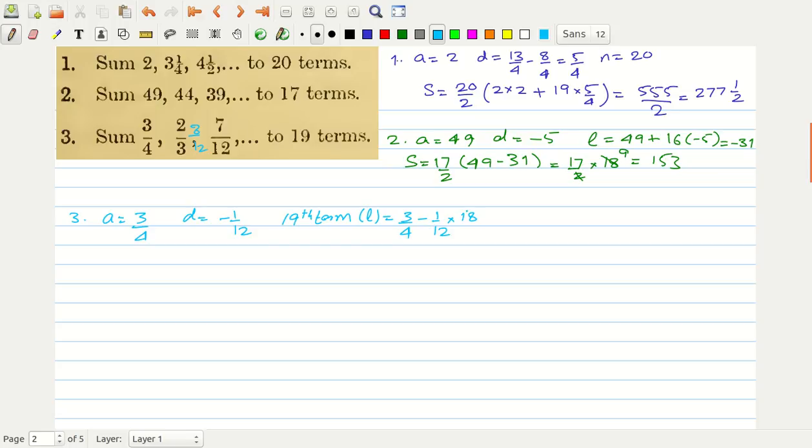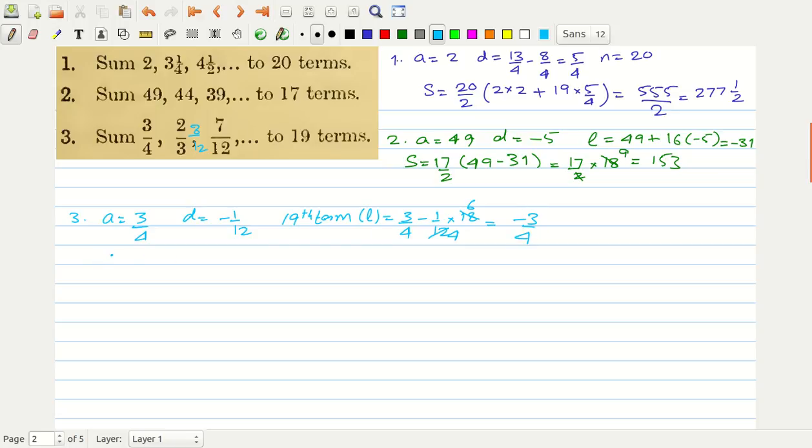So, this is 6 by 4, 6 minus 3 is minus 3. So, this is minus 3 by 4. So, last term is minus 3 by 4.